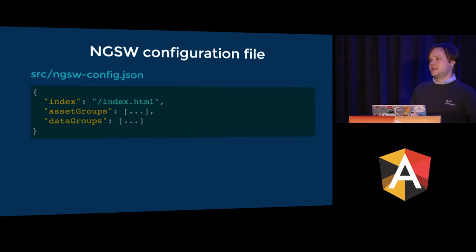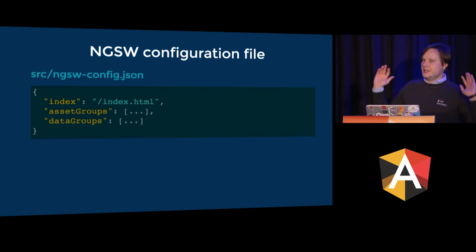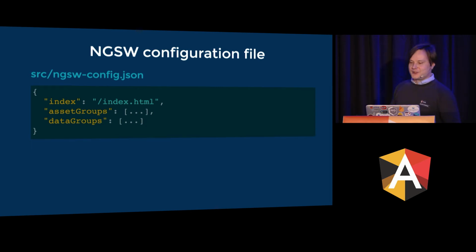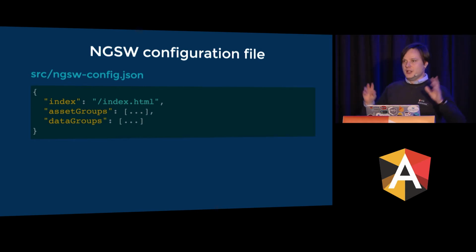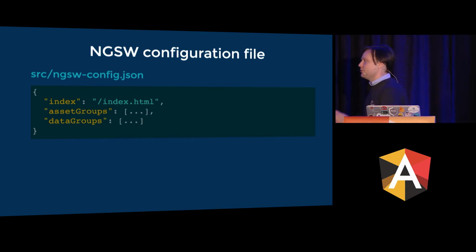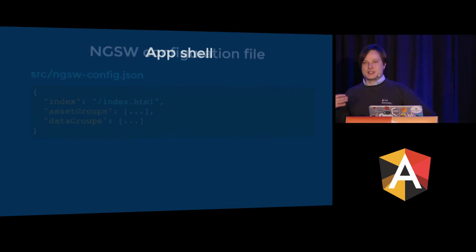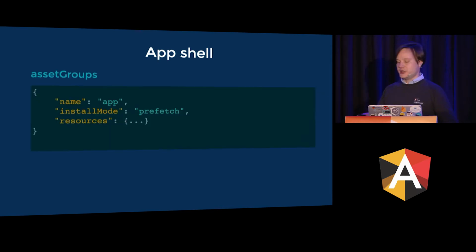Index, this is basically where we redirect all navigation requests. In 99% of the cases, this is /index.html. Asset groups, named groups of resources which are parts of our application version. Mainly we use this for the application shell. And data groups, to specify settings for runtime caching, where we can go for runtime caching strategies.